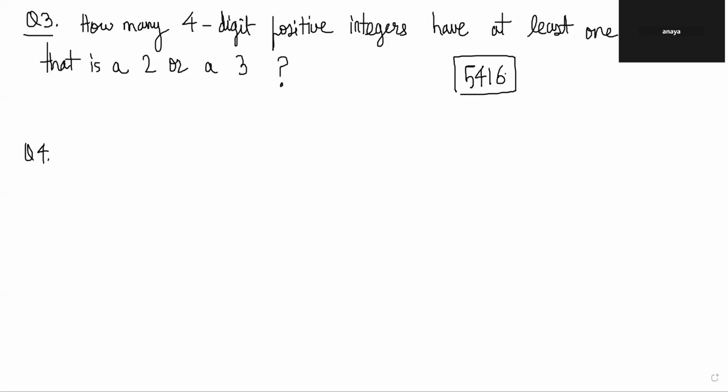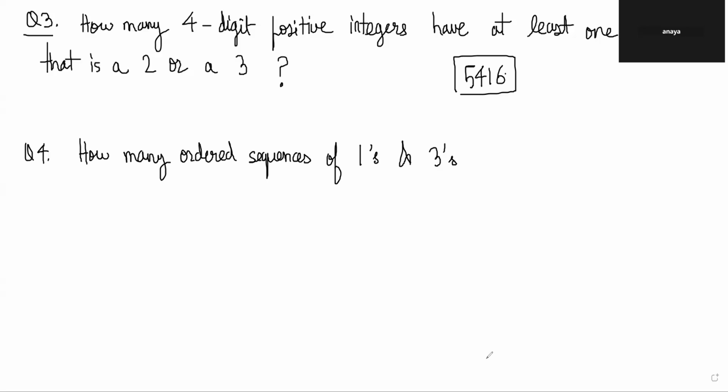How many ordered sequences of ones and threes sum to 16? For example, an ordered sequence that sums to 16 with ones and threes is this.